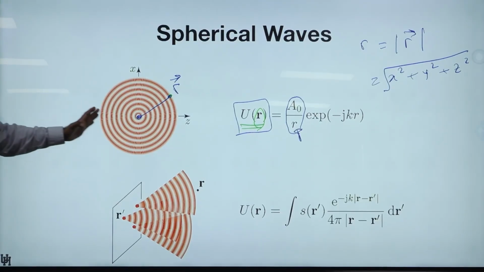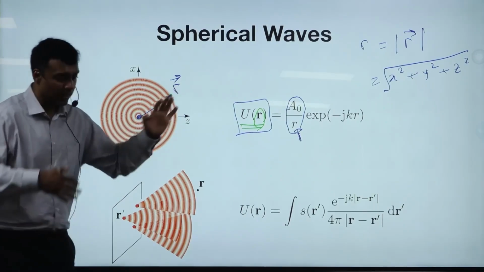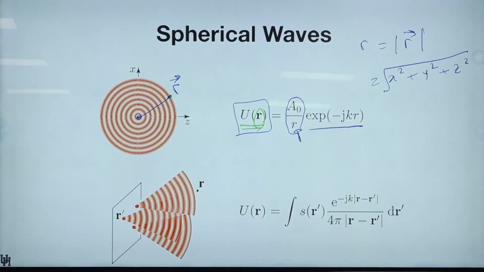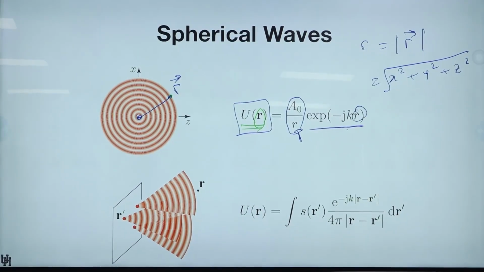As it travels far away, there is a reduction in its value, and not only that, it accumulates phase. And how much phase does it accumulate? If it travels a distance r, then e to the j k times r. So how do you think about this?